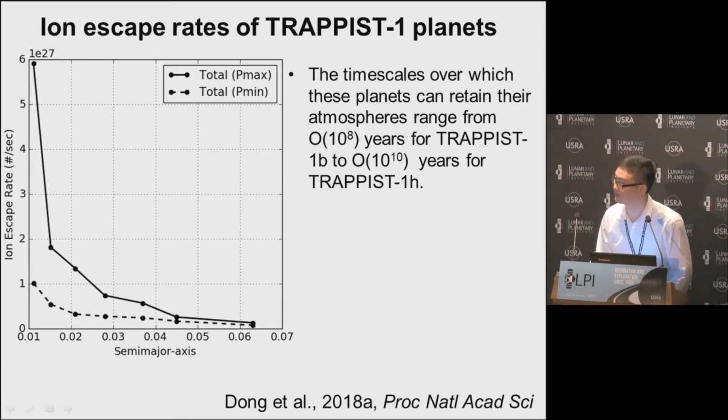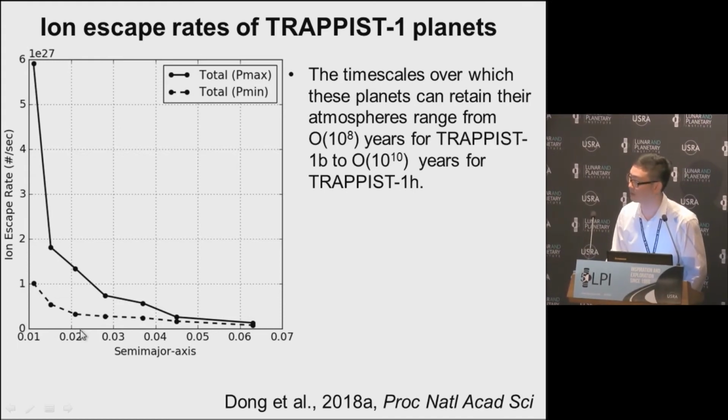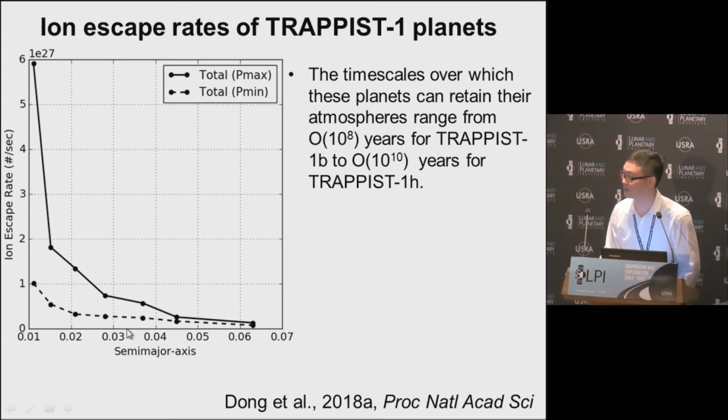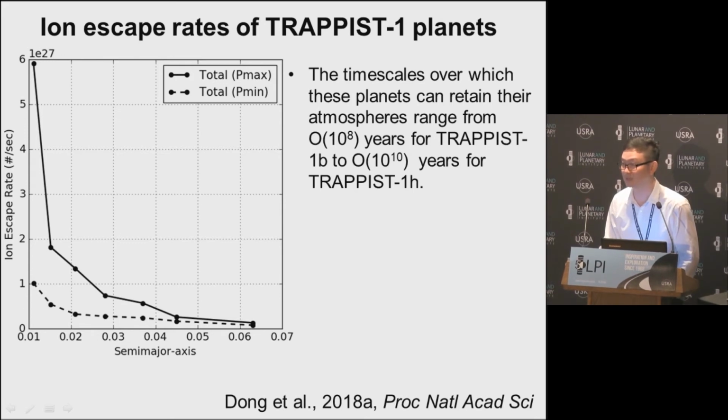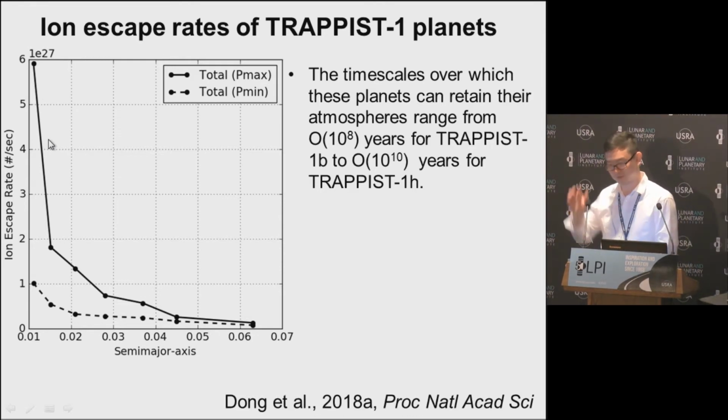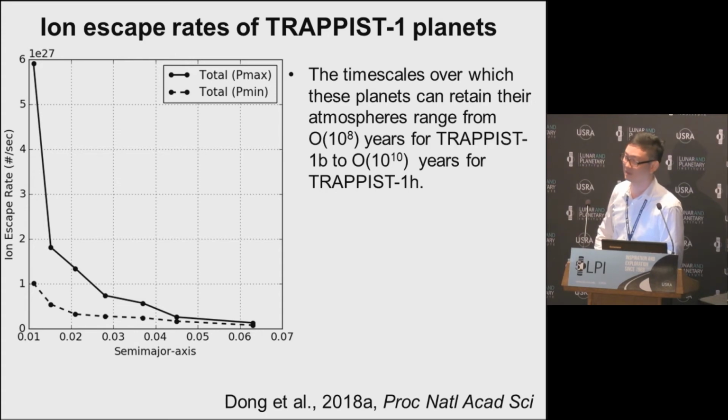Basically, here is the ion escape rate change with the star-planet distance. I'm not sure whether I understand your question correctly. You are asking about inside the Alfvén surface and outside the Alfvén surface, and what the ion escape difference is?